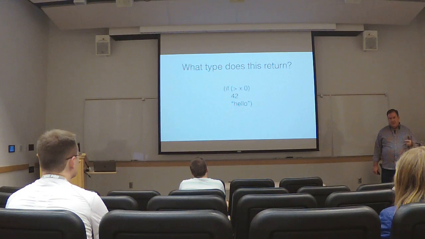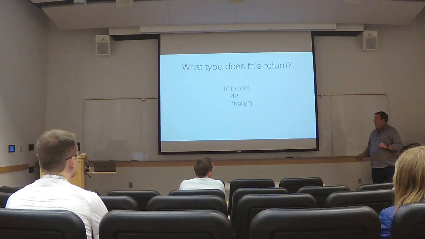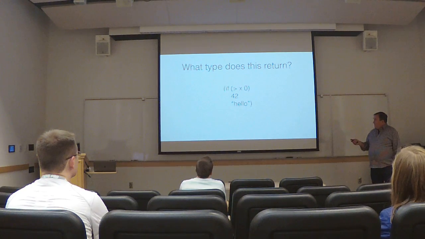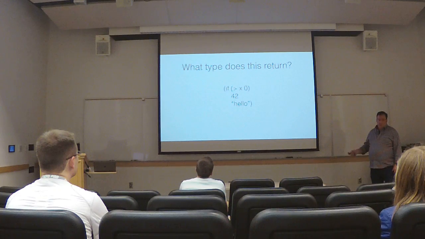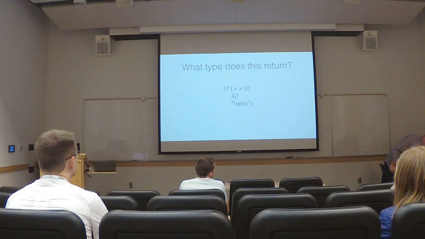Now there might be trivial cases where I know what x is, and then maybe I can determine it. It's also entirely possible that if this is inside some much bigger set of code, the rest of that code, based on what x is, will use the result of this as a number or a string. So I can't determine what type it is, but that may or may not actually result in an error. It's just I can't determine it for sure.